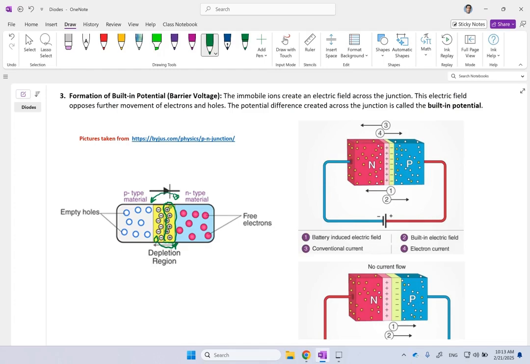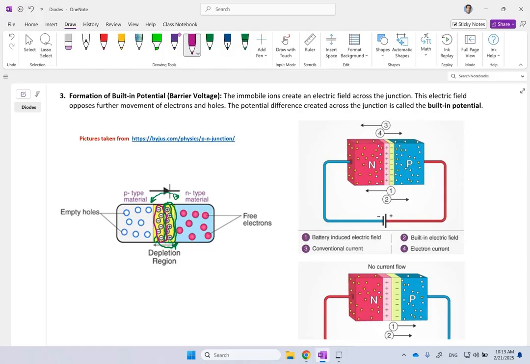And when the electrons flow to the left side, behind them they leave immobile or stationary positive ions. That's why you see all of these positive ions here on the right side. And on the left side, where the holes moved to the right, they leave behind these immobile or fixed negative ions.